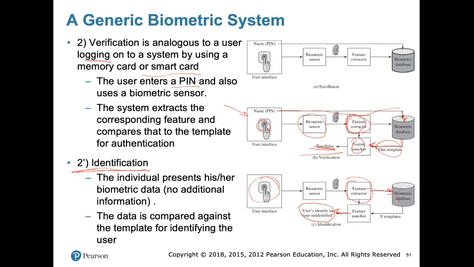So verification here is a synonym for authentication for us. And identification is something that we don't have in token-based and password-based authentication. Look, this is something unique about biometric authentication, that it gives us a side product, or a side mechanism, called identification that we don't have in password-based.